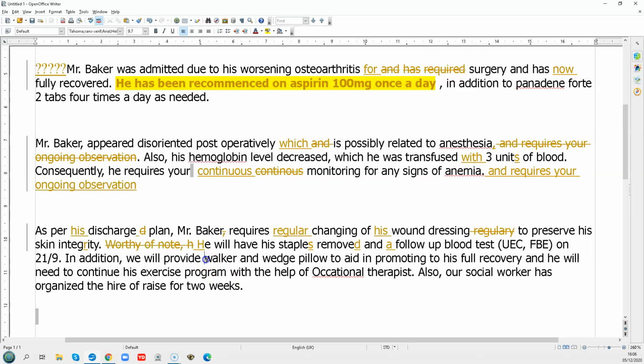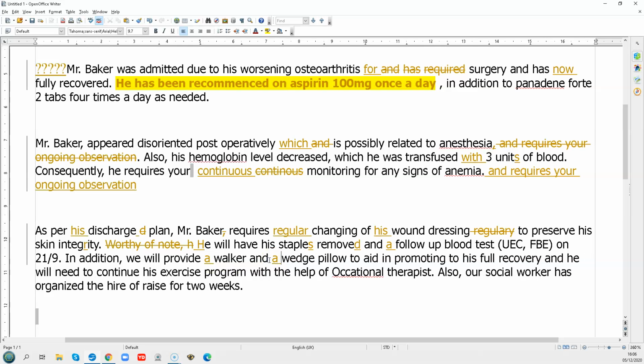We will provide a walker, because it can be counted, and wedge pillow, or a wedge pillow, to aid in promoting his full recovery. And he will need to continue his exercise program with the help of, it's either an occupational therapist or if it's a particular one, occupational therapist.